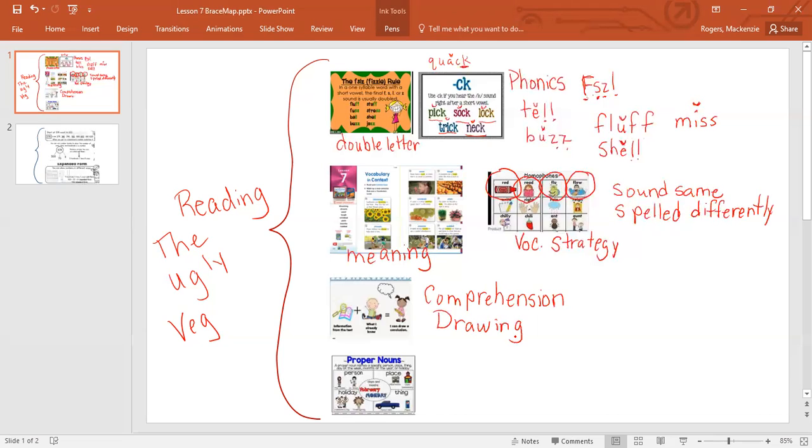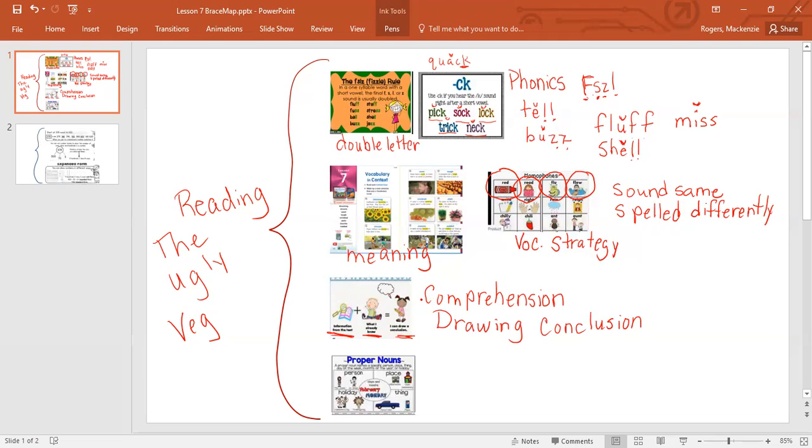We have talked about this in the past. Authors don't have enough words to tell us absolutely everything. So we have to use what the author tells us, what we already know, to draw a conclusion. So we use the author in the book, we use ourselves to draw a conclusion.